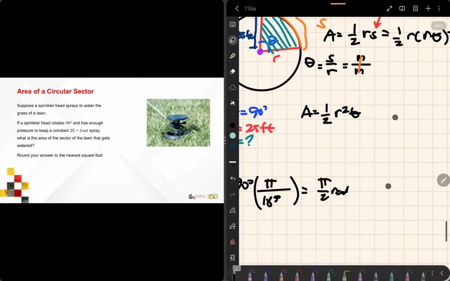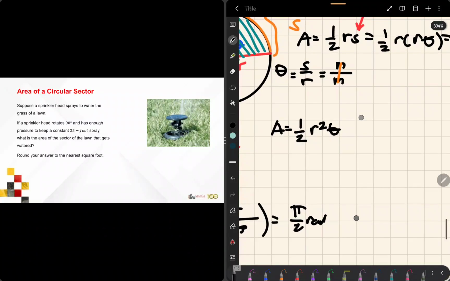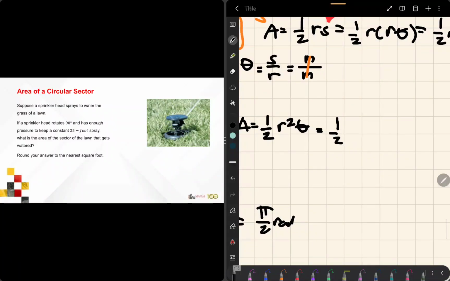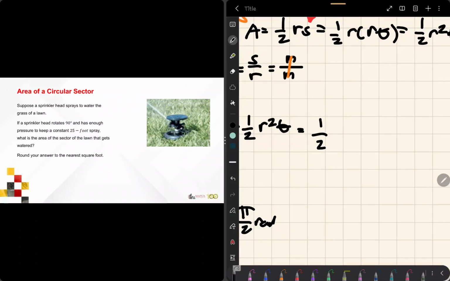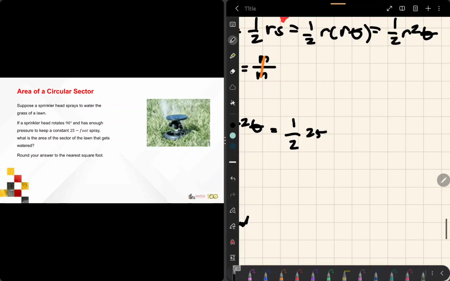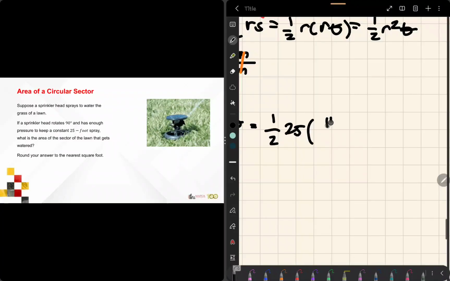From this, we can now use it as our angle. We have 1/2, and the radius, or the length that the spray can achieve, is 25 feet, squared, times our theta, which is pi over 2 radians.